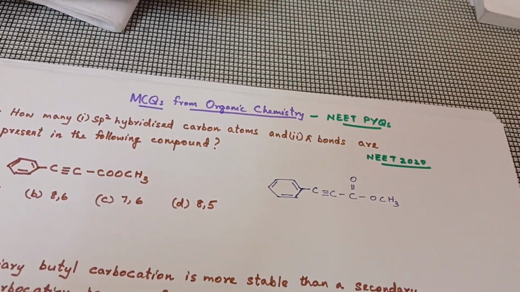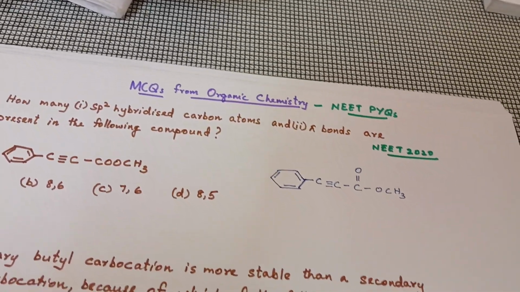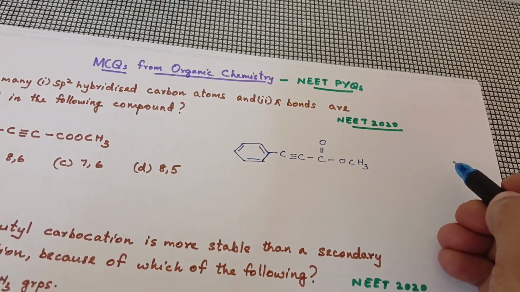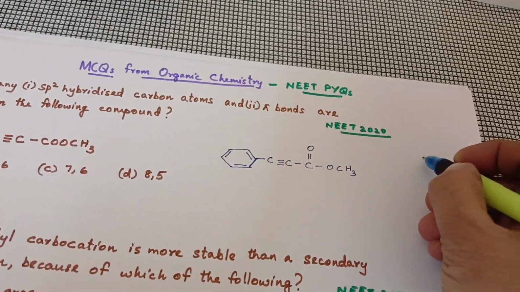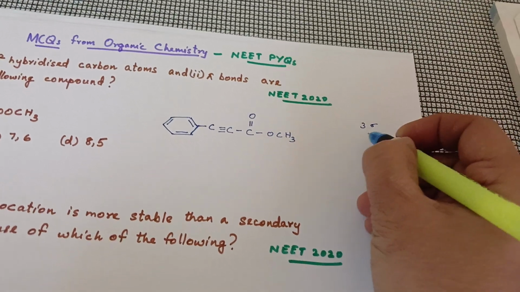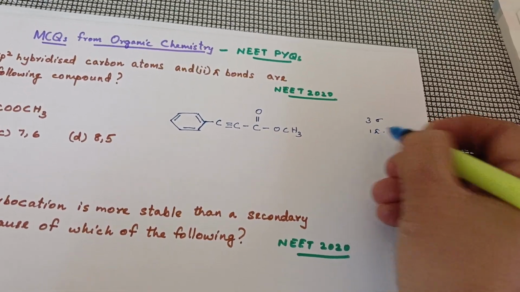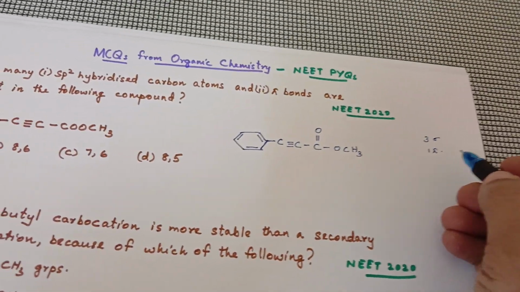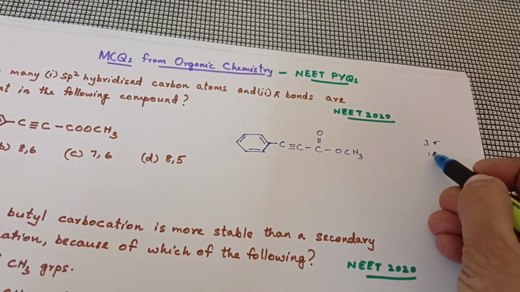So sp2 hybridized carbon means carbon forms 3 sigma bonds and 1 pi bond. So 3 sigma and 1 pi, or lone pair or double bond you have.